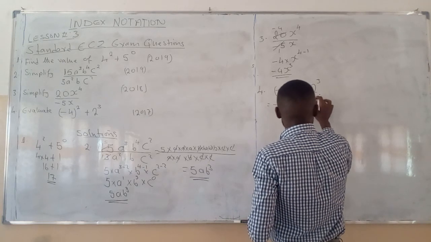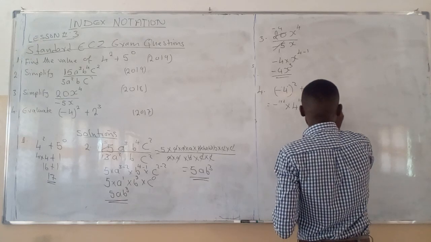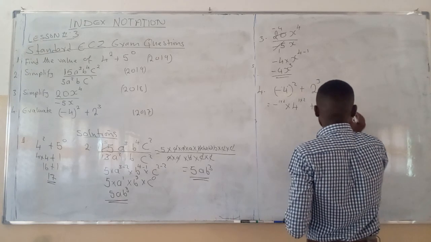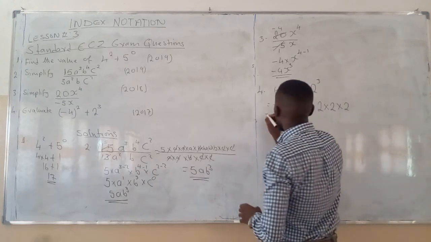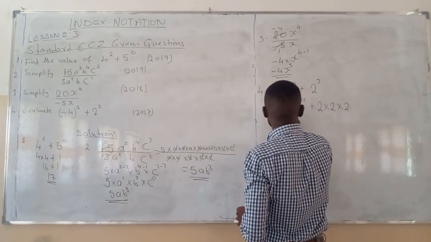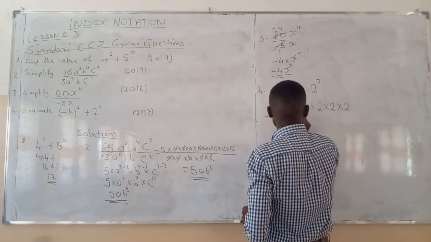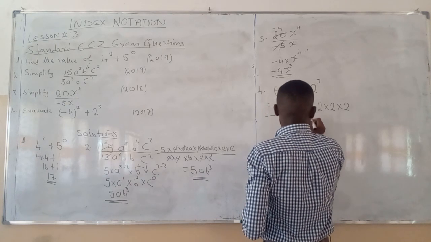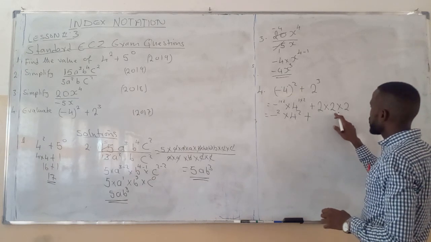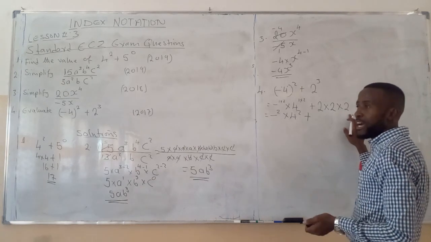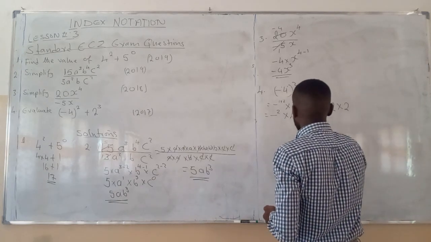Then plus, this is simply 2 times 2 times 2. The final answer is negative 1 to power 2, and 4 to power 2. But this side will be plus. What is 2 times 2 times 2? 4 times 2 is 8. So we have 8 there.